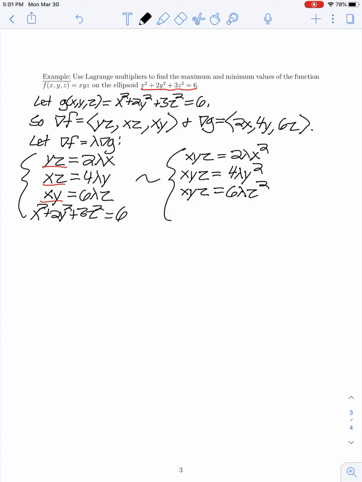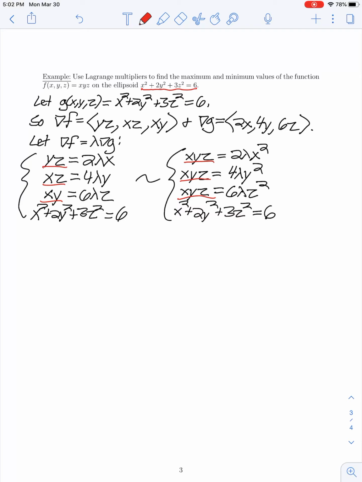And if we multiply our third equation by z, we have x, y, z is equal to 6 lambda times z squared. And our constraint equation is still x squared plus 2y squared plus 3z squared equals 6.